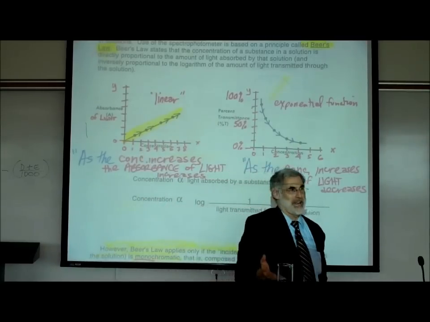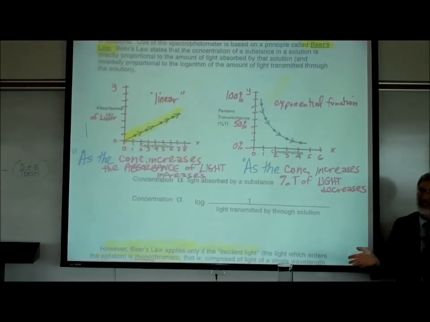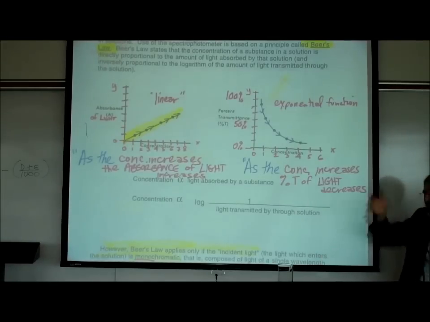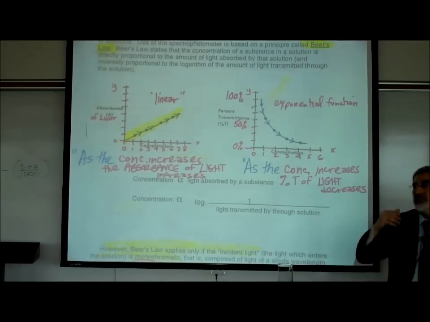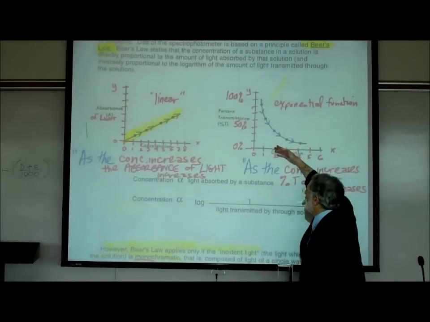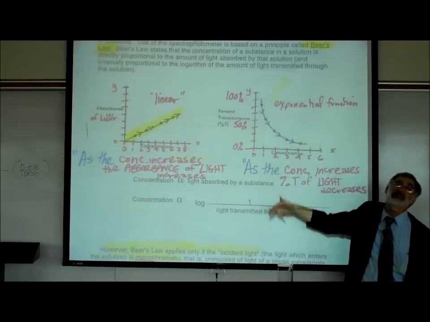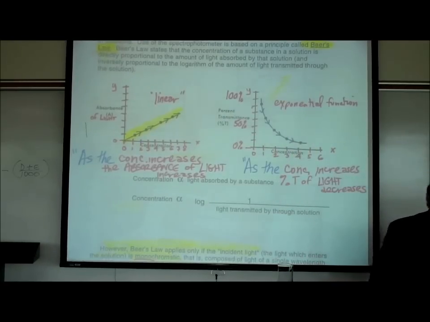It's going to be an exponential function. And the problem with exponential functions is that we have to deal with exponents and we have to use logarithms to convert. We would have to use log functions to convert percent transmittance of light into concentration of a chemical in a solution.